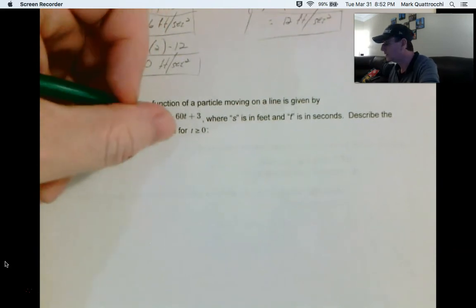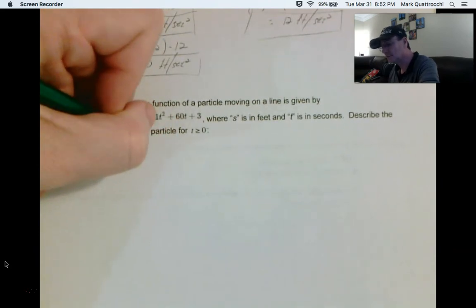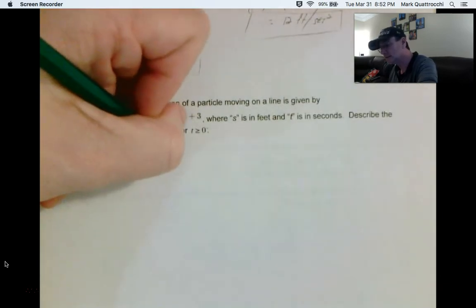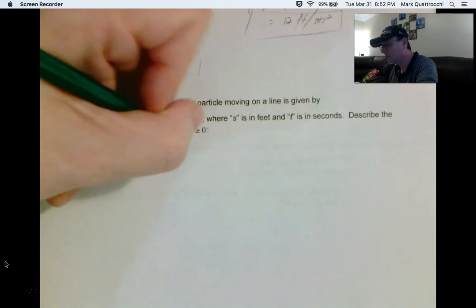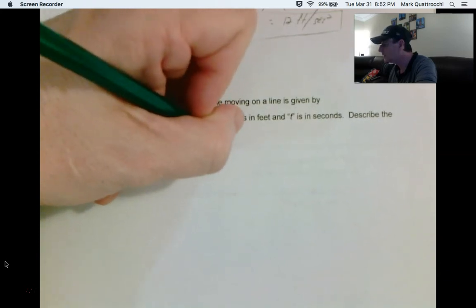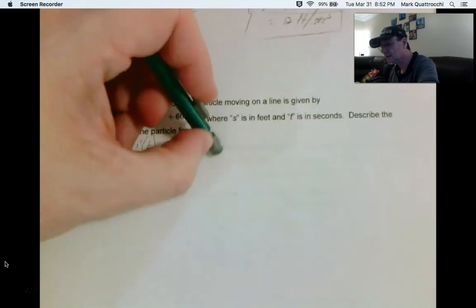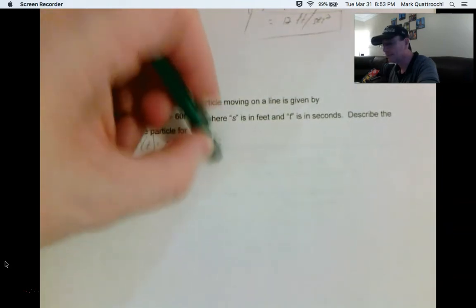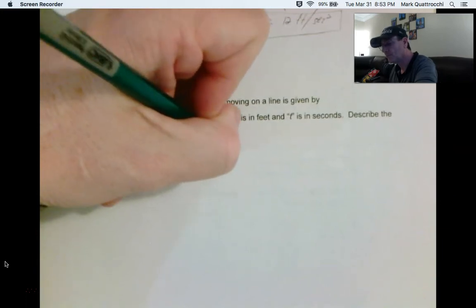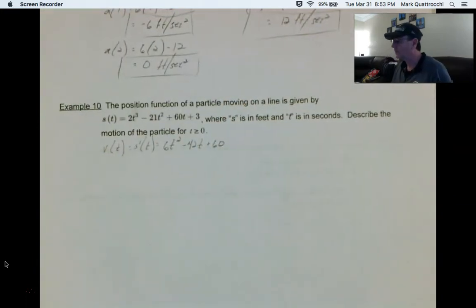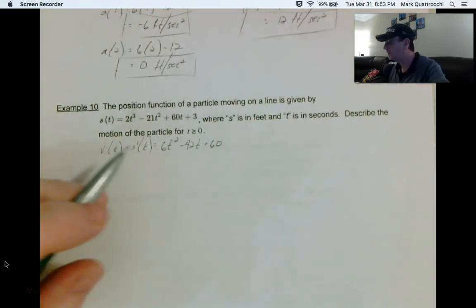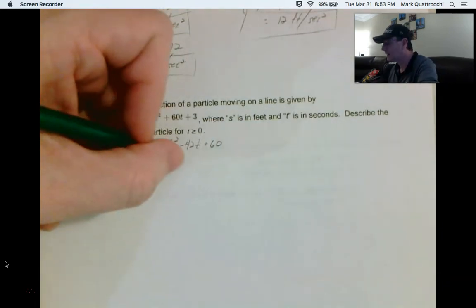So v of t is equal to s prime of t, which is equal to 6t squared minus 42t plus 60. And what are the critical values of this? Well, as factors.